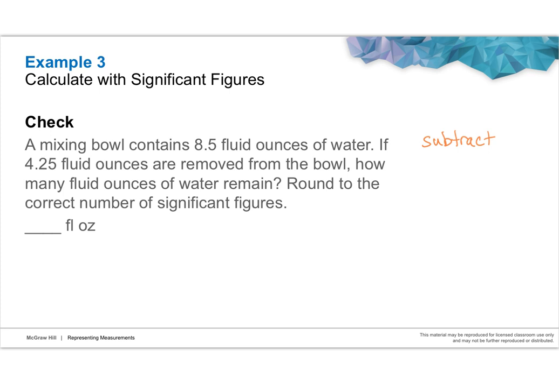So when we subtract, 8.5 minus 4.25 is, of course, 4.25. But we need to make sure there are only 2 sig figs because 8.5 has only 2 sig figs. So we would actually say 4.3, rounding to that 10th place.